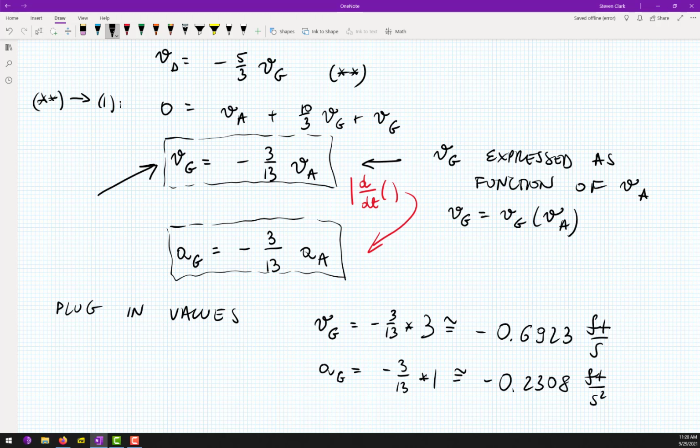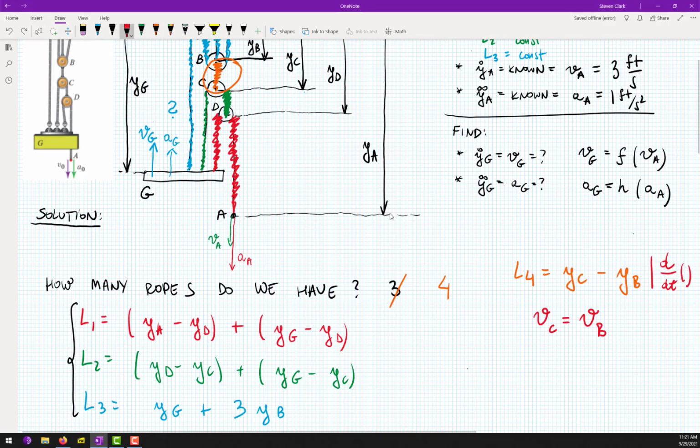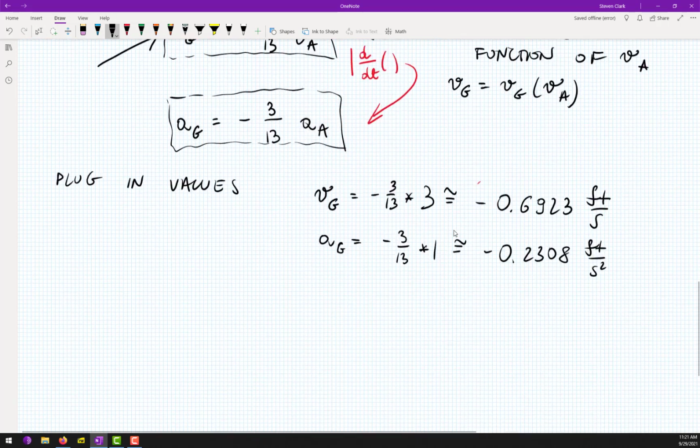Okay, so we obtained these values. By the way, they are all negative, and VA and AA were pointing downwards. So VG and AG must point upwards, because of these negative values here.